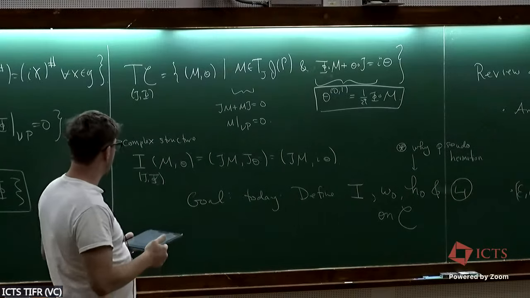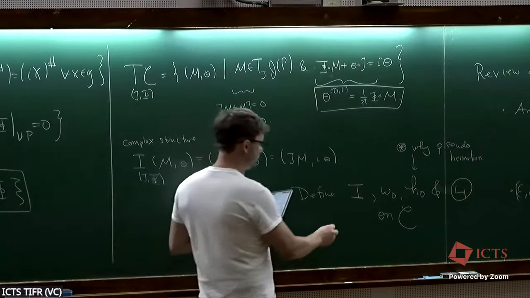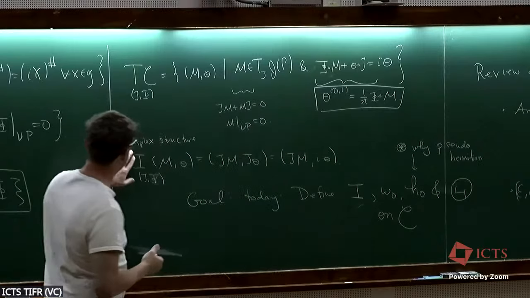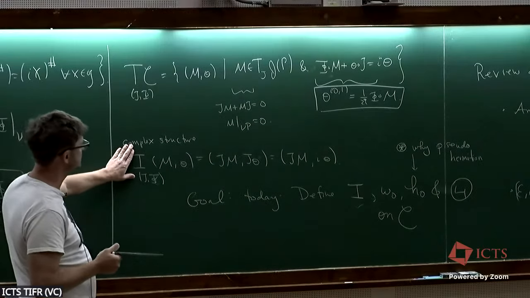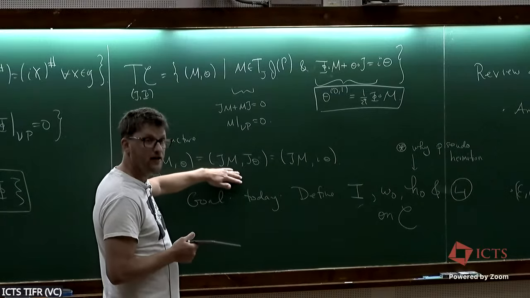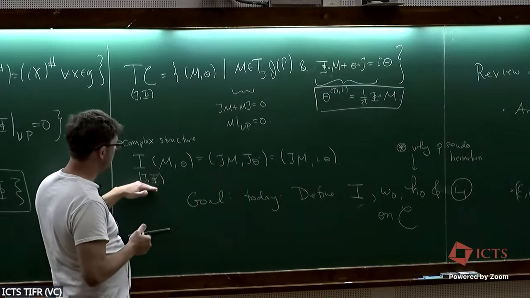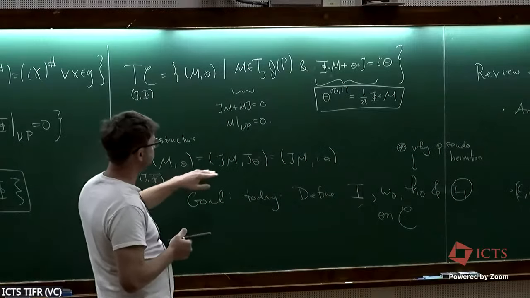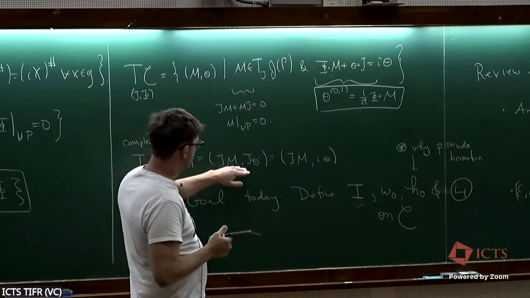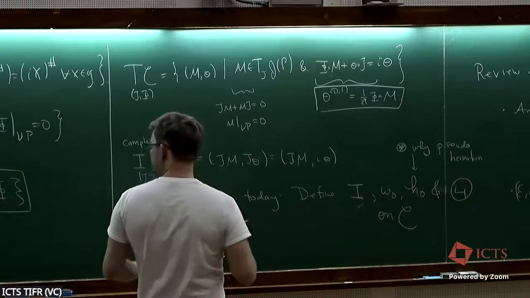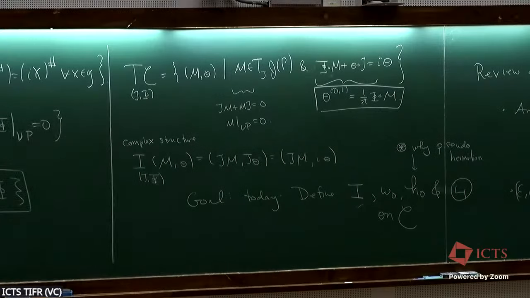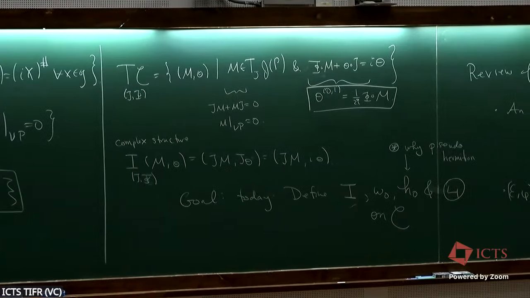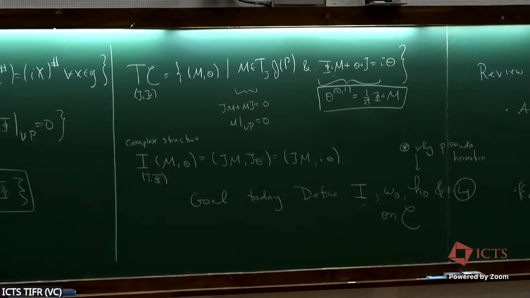Okay, great. So last time I already accomplished this goal for I, and the natural complex structure on the configuration space is just that you post-compose with J. So it depends on the point you're at. And since theta, if I think of it in these terms, is a Hom from the tangent bundle to the vertical bundle, I act by J. Remember that J acts as i on the vertical bundle.